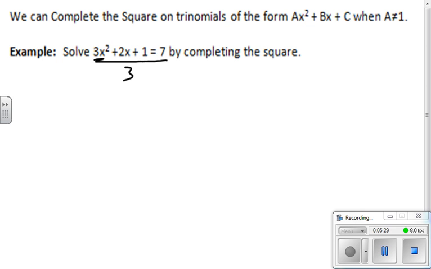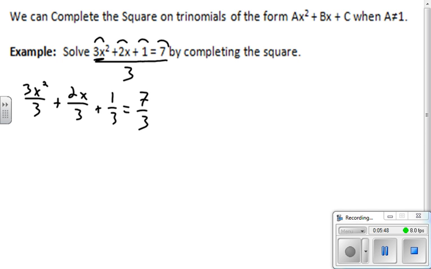So when we do that, that dividing by 3 is distributed to each piece that we have. So we'd say that it's 3x squared over 3 plus 2x over 3 plus 1 over 3 equals 7 over 3.